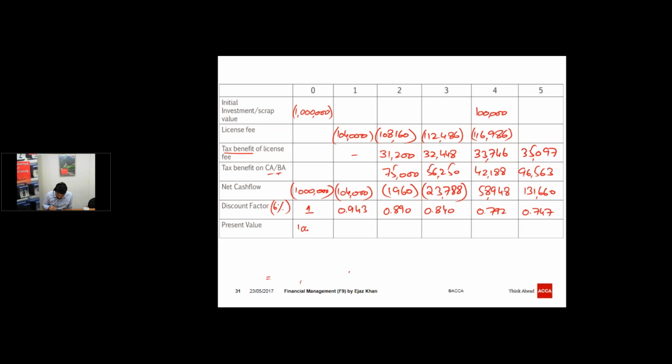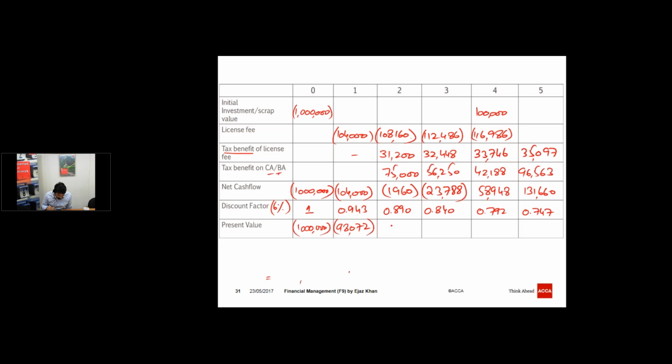It will be 1 million for year 1, 98072. Do not forget to place the brackets for negative figures. It will put you in trouble when you'll be netting the figures. You may end up with the wrong calculation. So always put the brackets for negative figures.